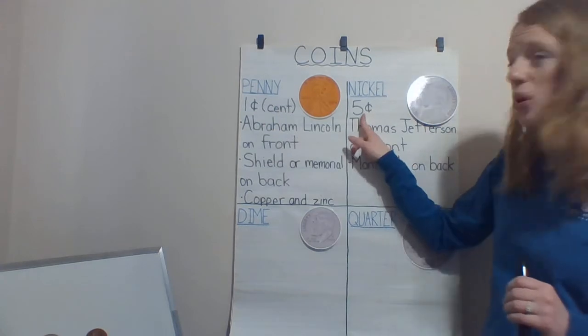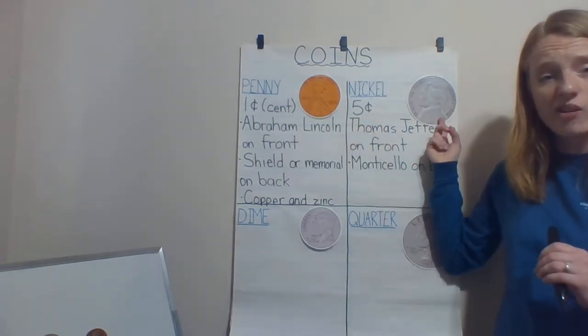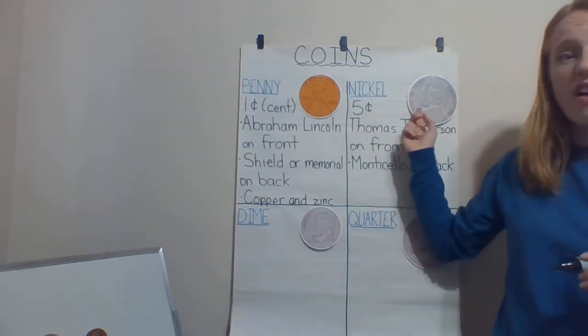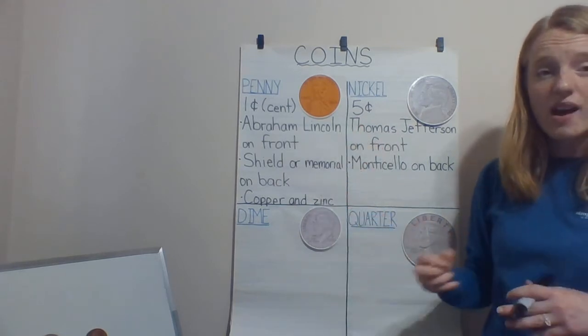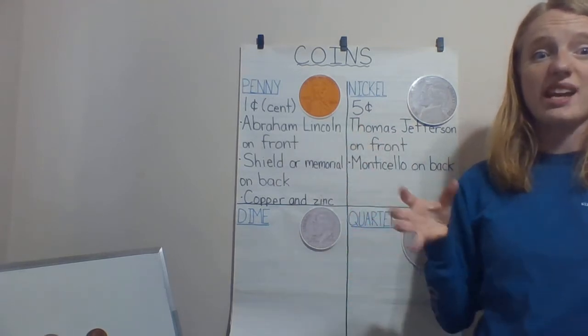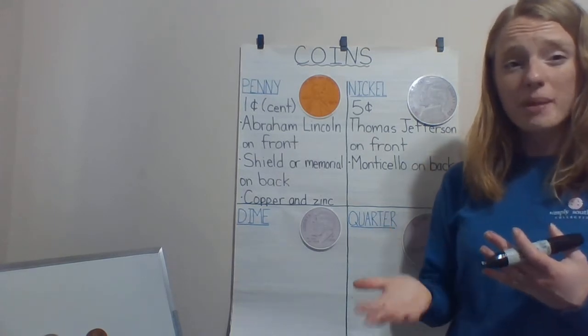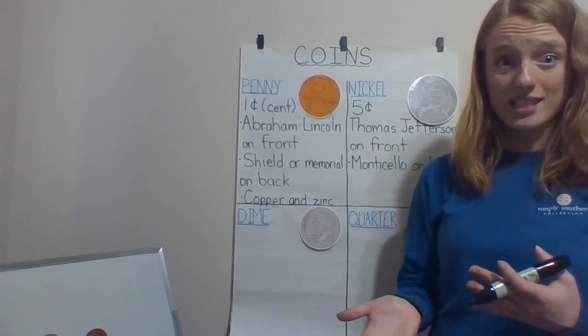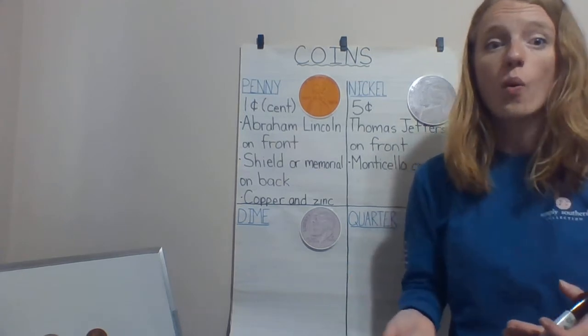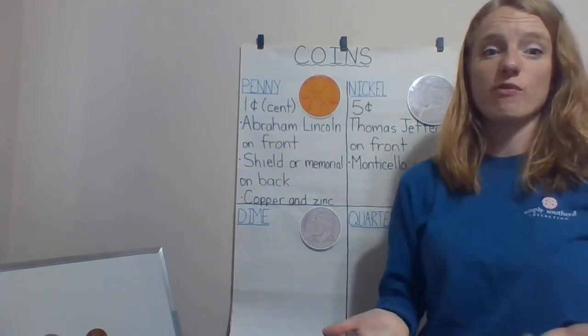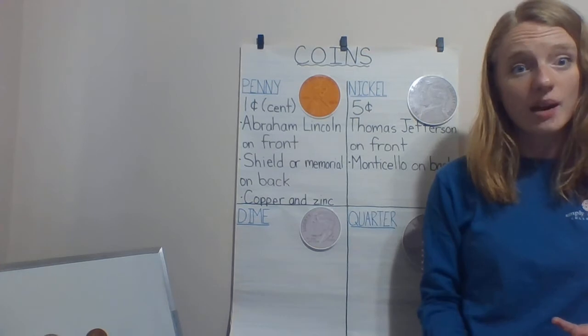And it costs more than 5 cents to make a nickel because you have to have all of the metals that you need. You have to use the machines to create those things. And the place that's in charge of making those coins is the United States Mint or the United States Treasury. They're in charge of making all of our coins and all of the money that we use.